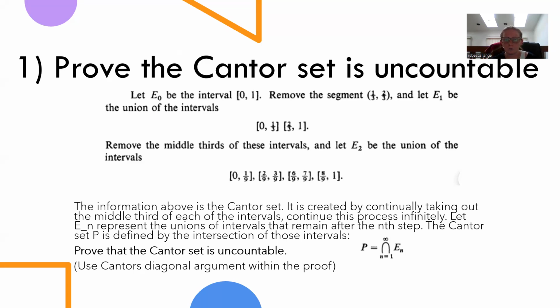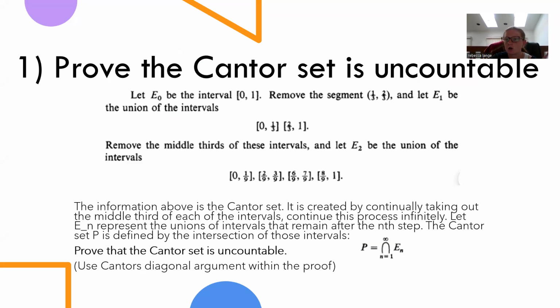And then one big thing I want you to do is use the diagonal argument. The book lays out a very similar proof, not using the diagonal argument. It's not to prove that the Cantor set is uncountable. It was more to talk about that the Cantor set is perfect. But use the diagonal argument. That's what it's all about.